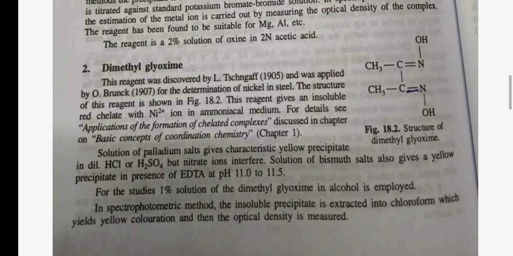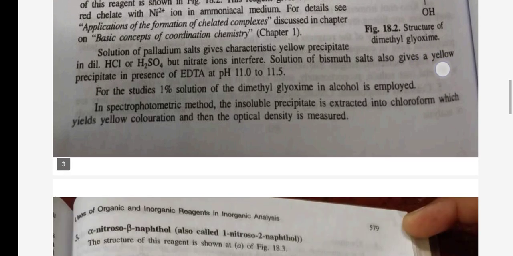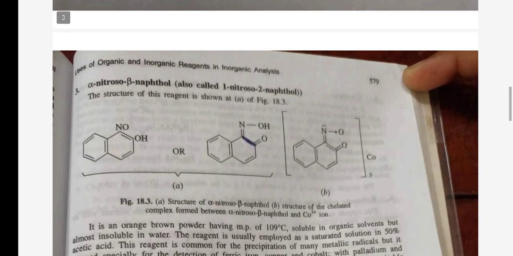For all the studies, a 1% solution of dimethylglyoxime in alcohol is employed. In the spectrophotometric method, the insoluble precipitate is extracted into chloroform, which yields yellow coloration, and then the optical density is measured. Third one is alpha-nitroso-beta-naphthol, also called 1-nitroso-2-naphthol.